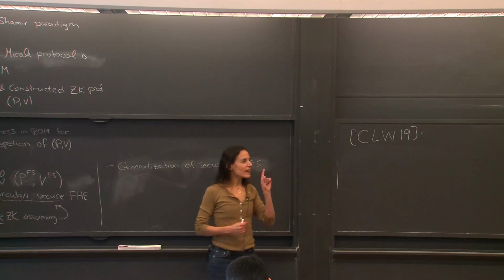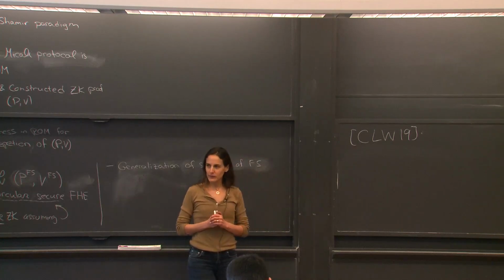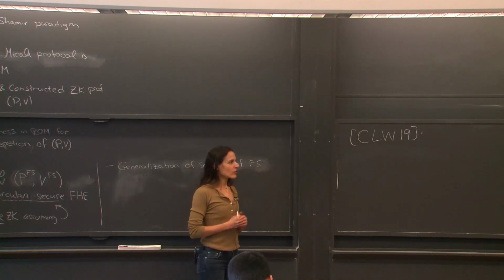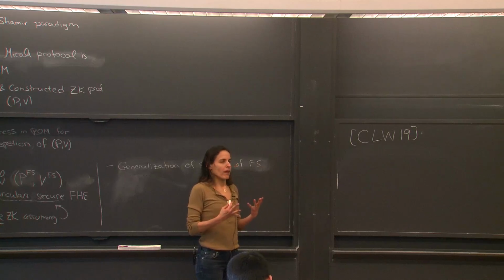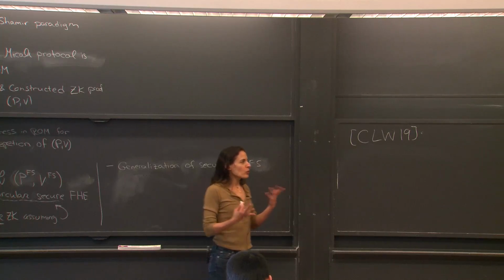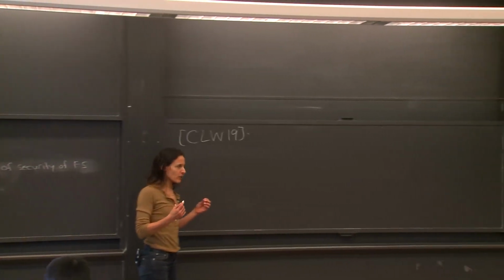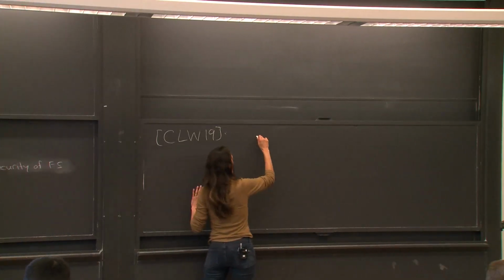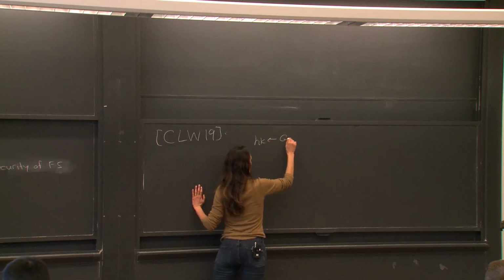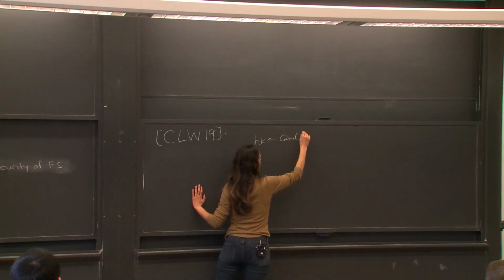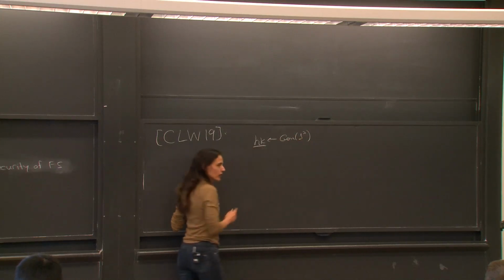So one thing that's really nice about this protocol is, I want to argue, let's recall, what is the Fiat-Shamir paradigm? The Fiat-Shamir paradigm says that we choose some hash key from a Fiat-Shamir hash function that generates a hash key.